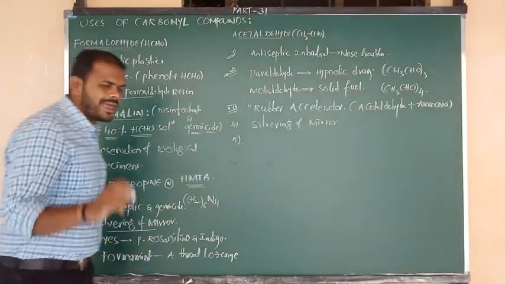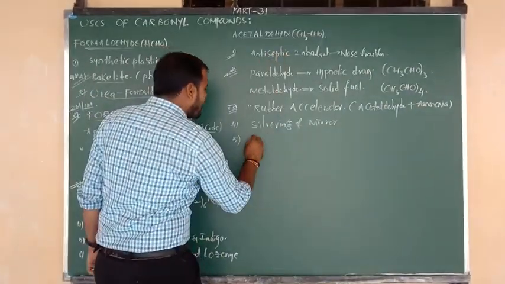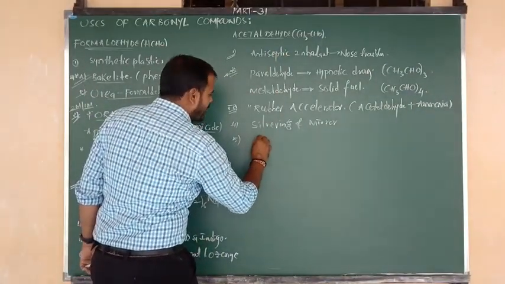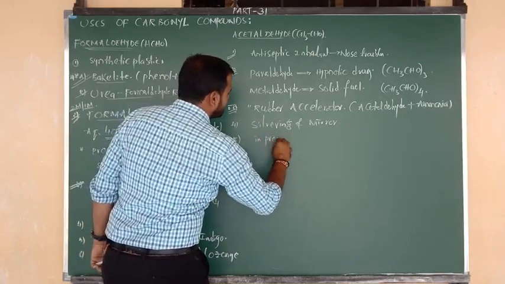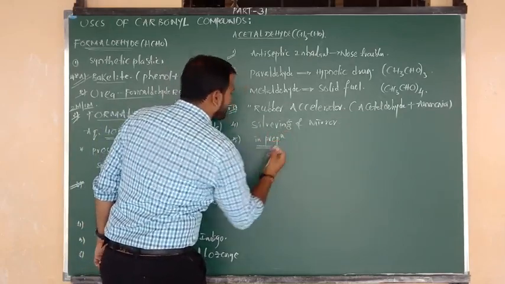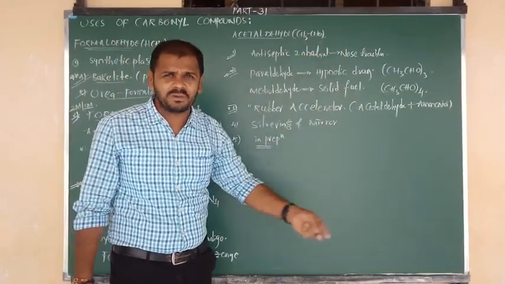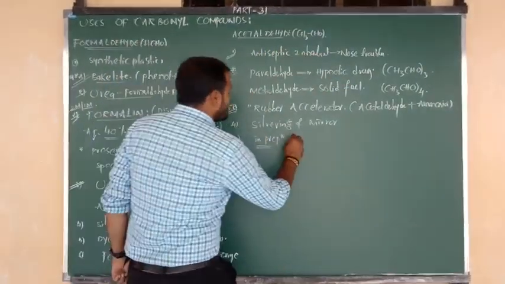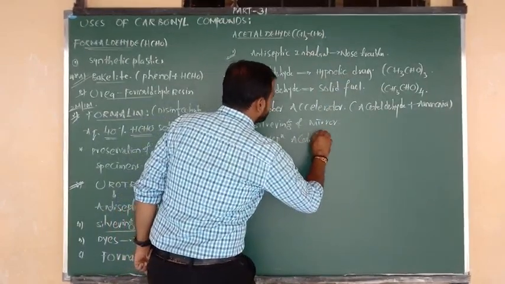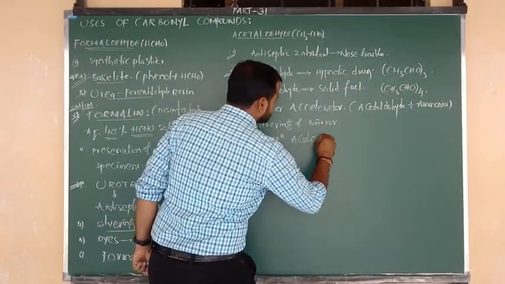Okay, right. Another thing I am going to tell you: acetaldehyde can be used in the preparation and manufacturing of the following. Number one, you know acetaldehyde upon oxidation gives acetic acid. So it can be used in the manufacturing of acetic acid.